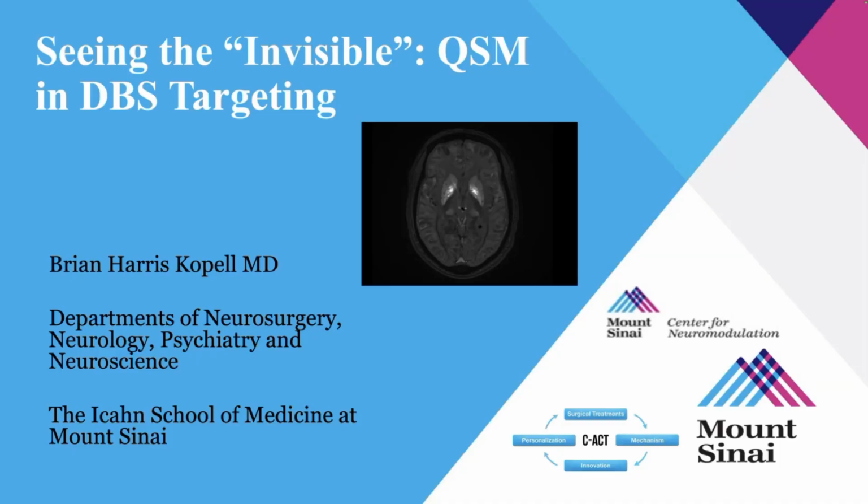About 14 years ago, when I first got to Sinai, I was still utilizing T2 weighted imaging for most of my basal ganglia cases. And those of you who maybe are still using it, I spent a lot of time tweaking these sequences to try to get the best kind of contrast at the level of the subthalamus and brainstem and basal ganglia. And it was just tedious and hit or miss.